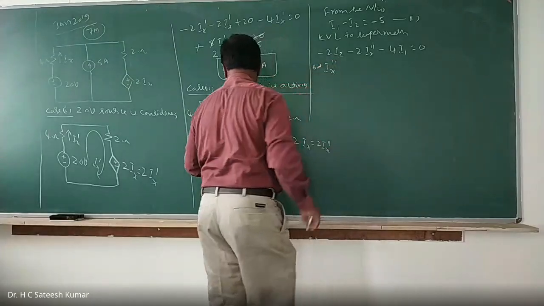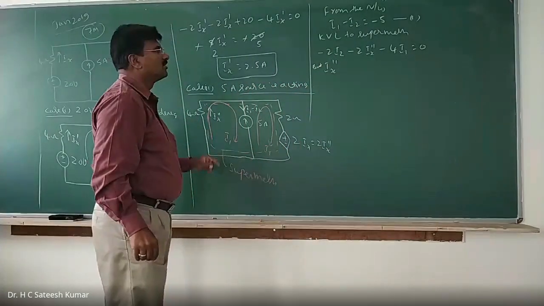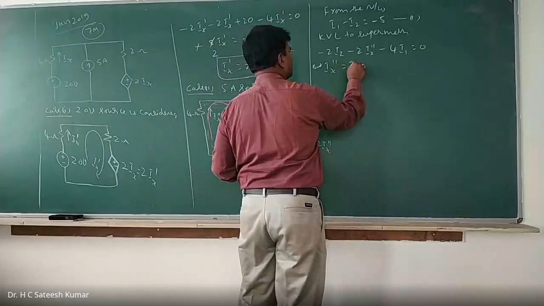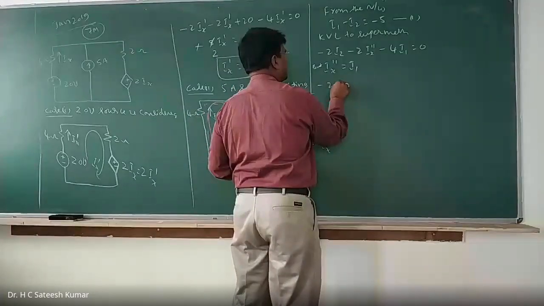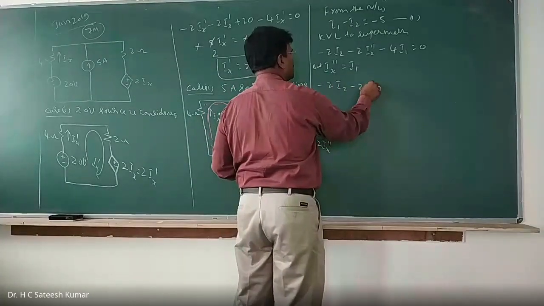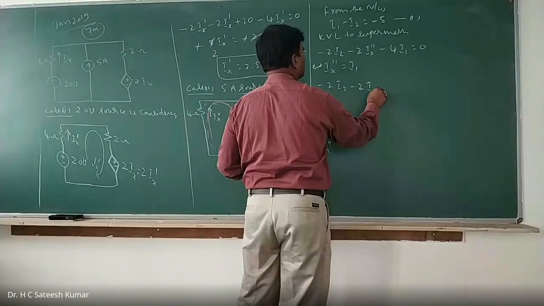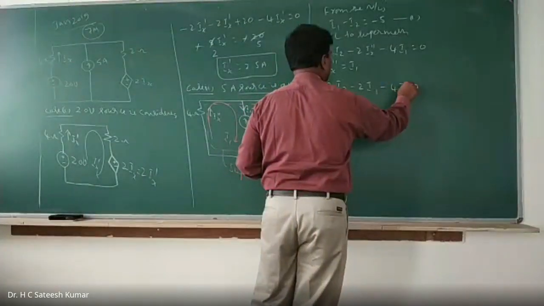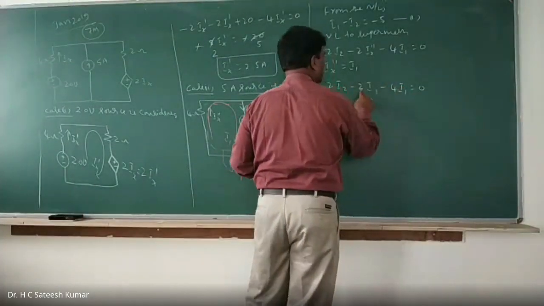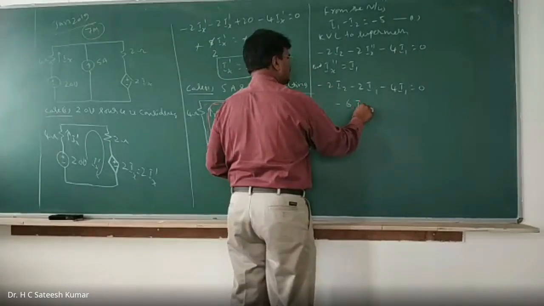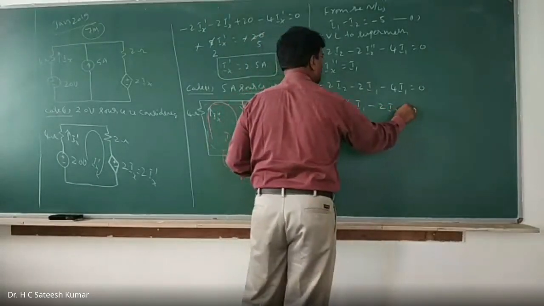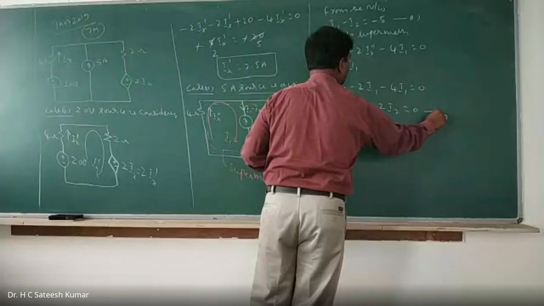But Ix double dash is equal to what? I1. Therefore, minus 2 I2 minus 2 I1 minus 4 I1 is equal to 0. Minus 6 I1 minus 2 I2 is equal to 0. This is equation number 2.